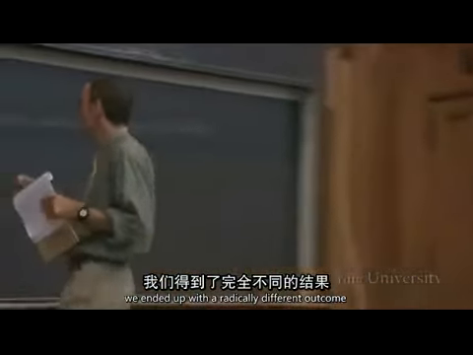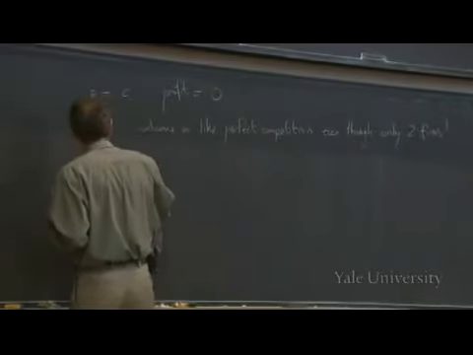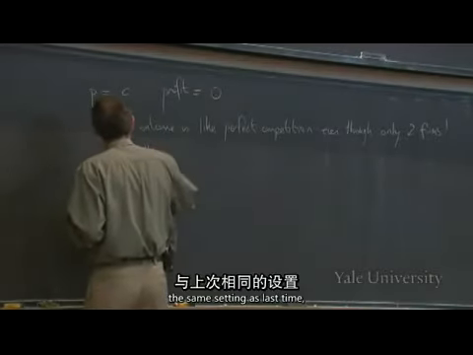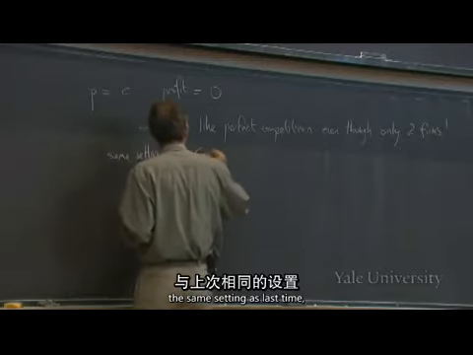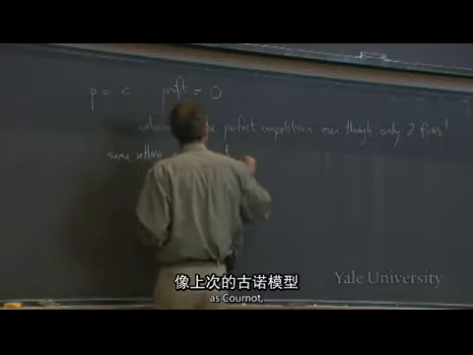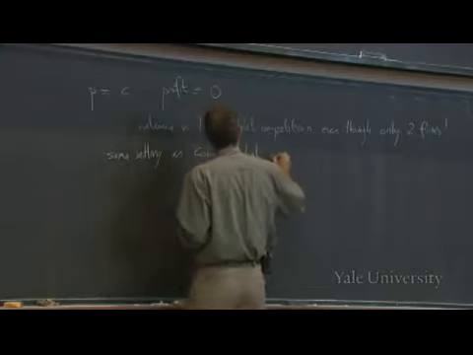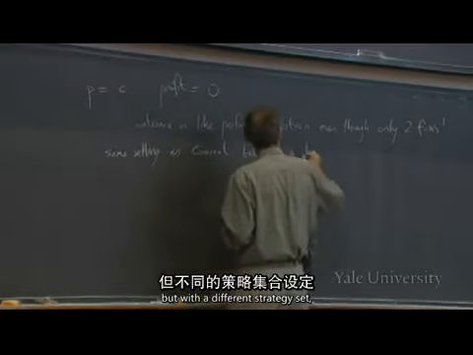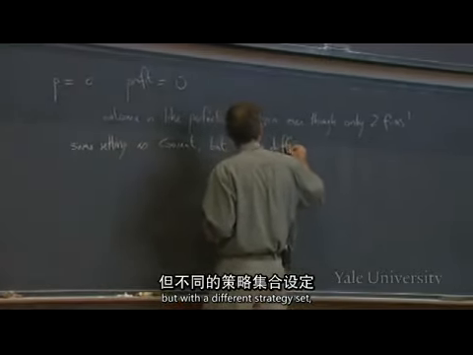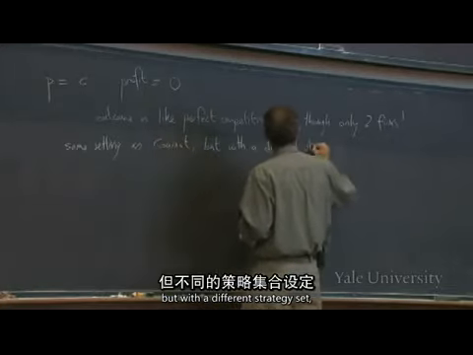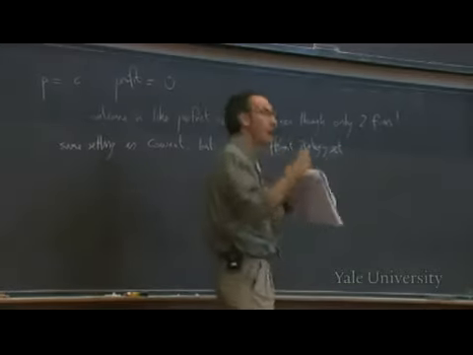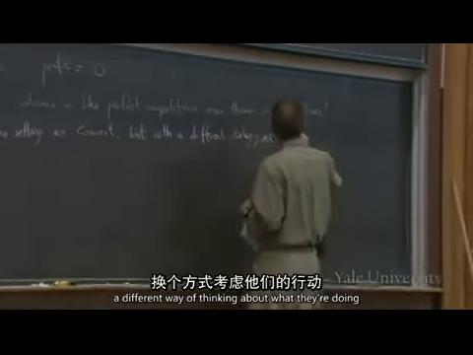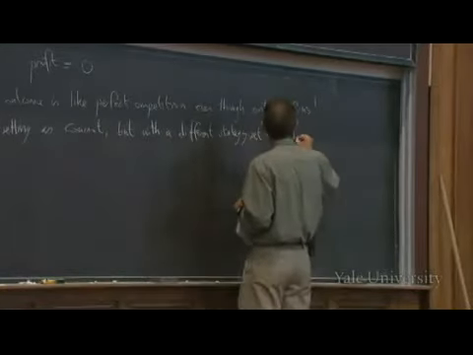All right, so another lesson here is the same setting as last time, as Cournot, but with a different strategy set, a different way of thinking about what they're doing, led to a very different outcome.